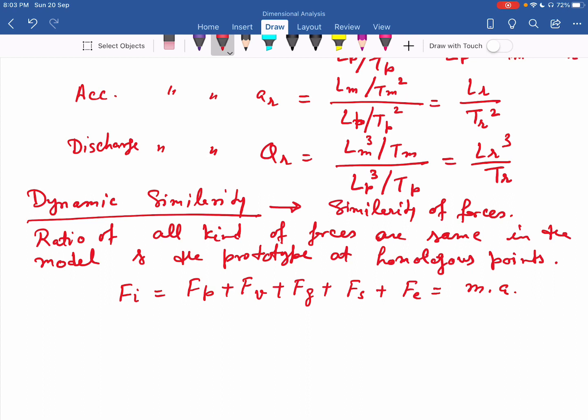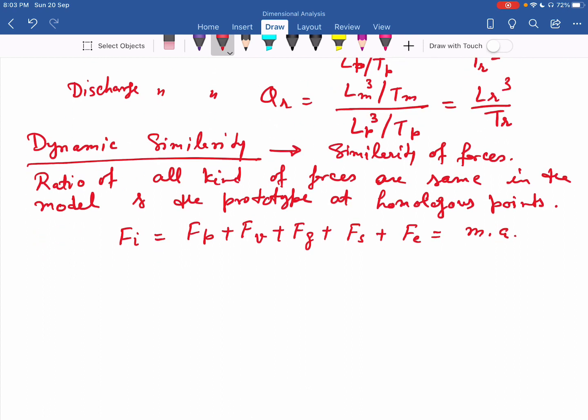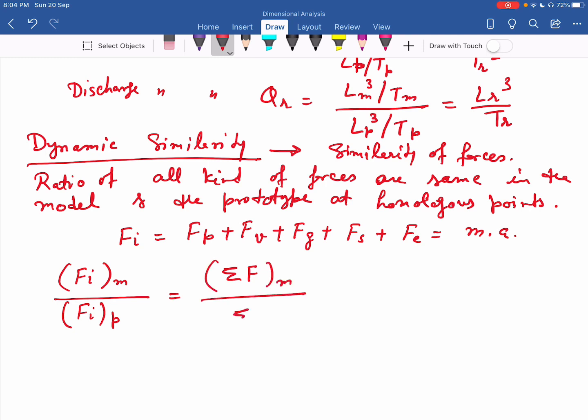Okay, so for dynamic similarity, now the ratios of forces. You can write Fi for model is equal to Fi for prototype, should be equal to the sum of all these forces for model, sum of all these forces for prototype. Or you can also write it as mass into acceleration for model, mass into acceleration for prototype. Okay. So for complete similarity, the ratio of individual components of forces must also be equal to the ratio of the inertia force.